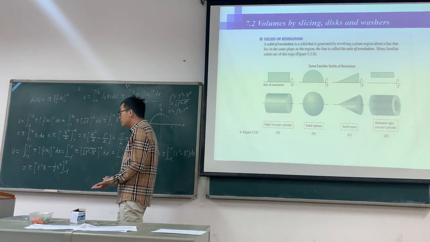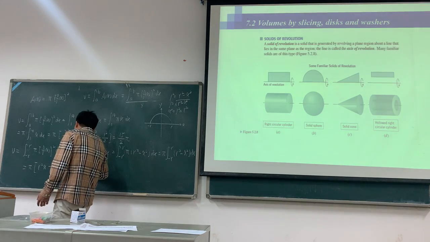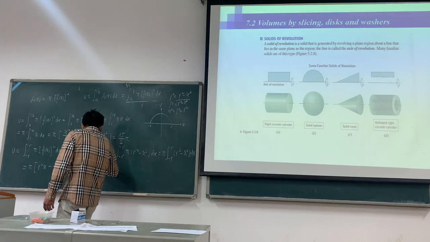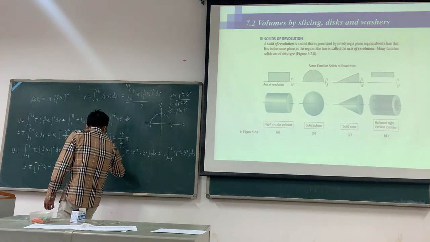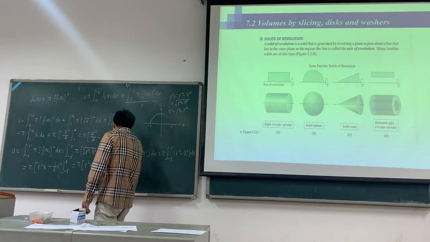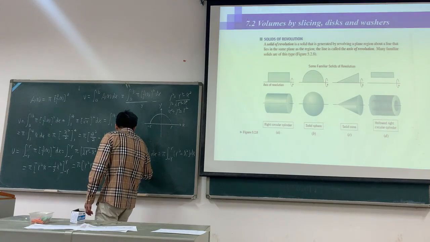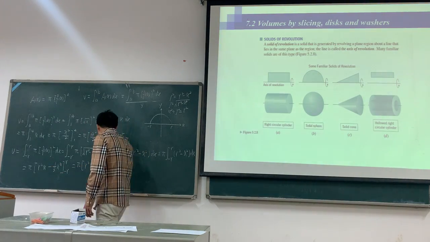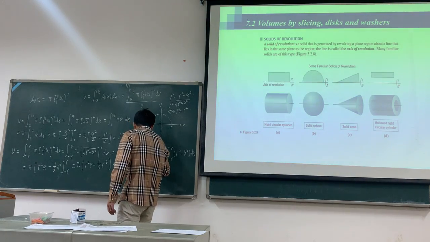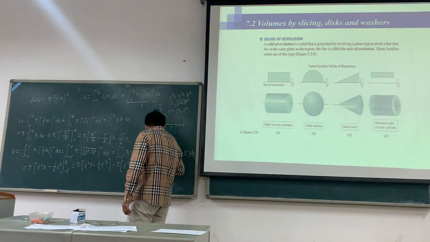Now we compute it. The first is pi times (r squared times r minus 1/3 r cubed), and the second is minus pi times (r squared times minus r minus 1/3 times minus r cubed).